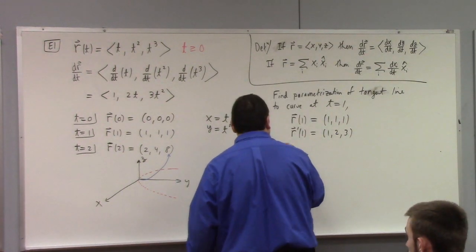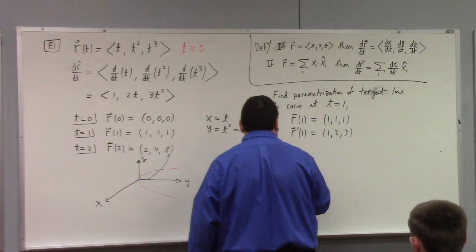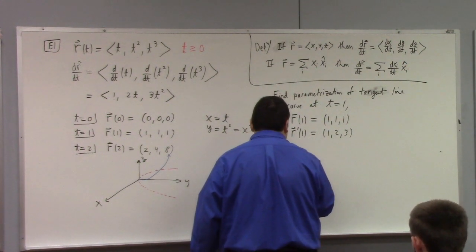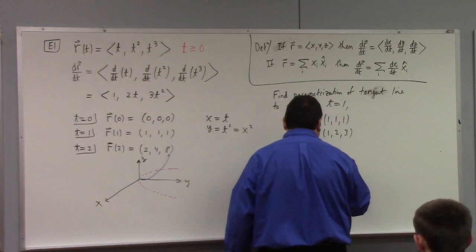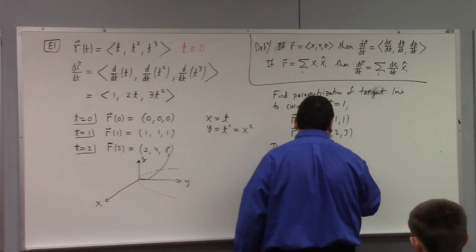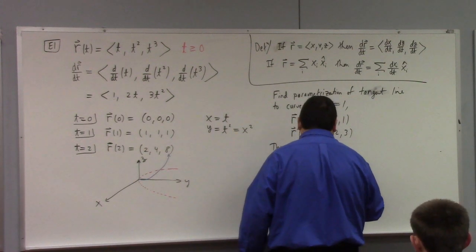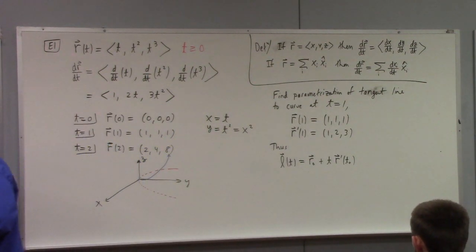And so, thus, if we do, let's say, L of t equals R of t naught plus t times R prime of t naught, that would give me a parameterization of the tangent line at t naught. All right.